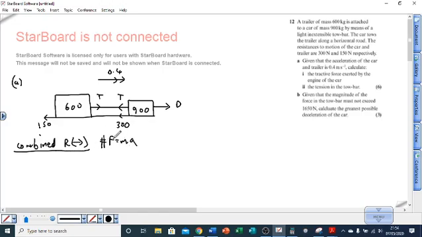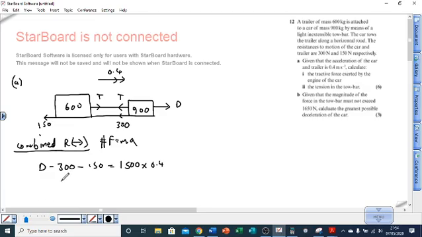So in the entire system, we've got the driving force as the only positive force. Take away the 300, take away the 150, and that's it. I'm not going to bother putting T's in because they cancel. That is equal to the mass of the whole system, which is going to be 1,500, times acceleration, which is 0.4.